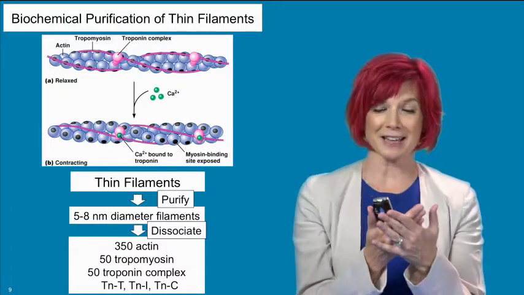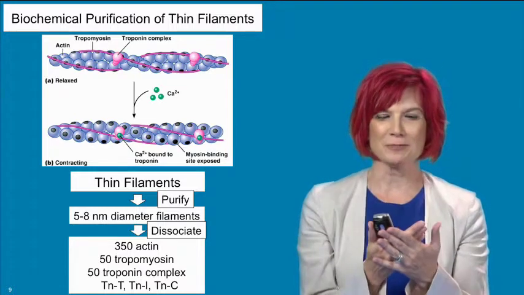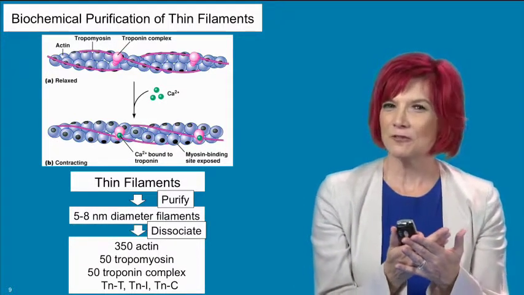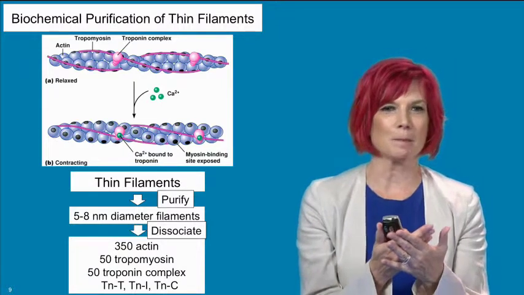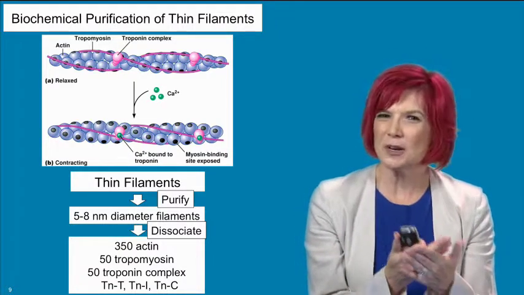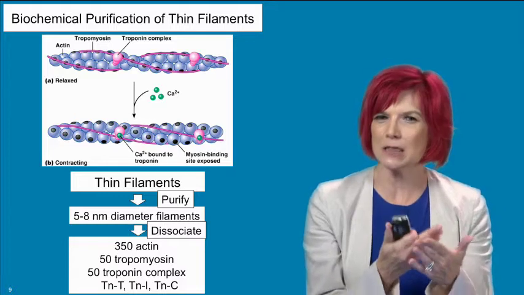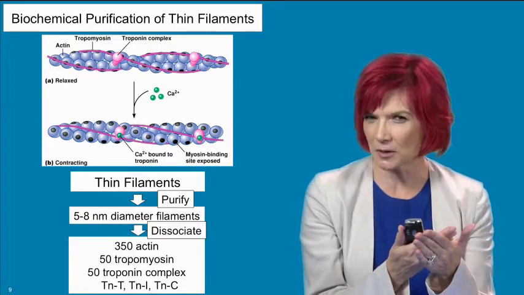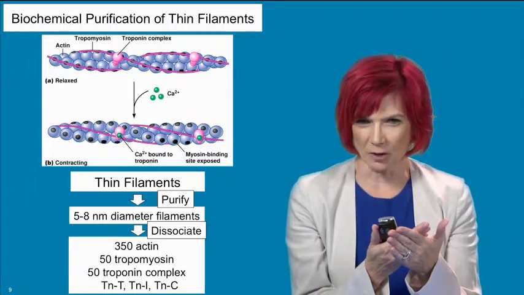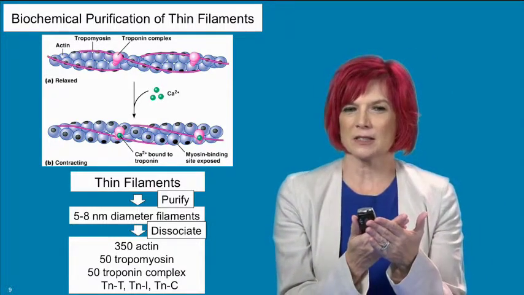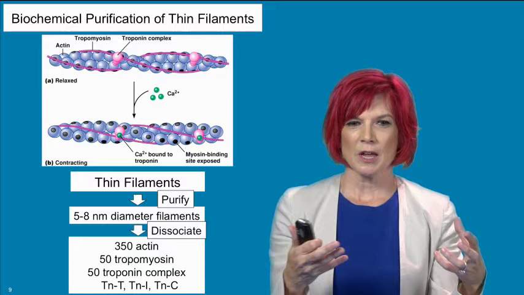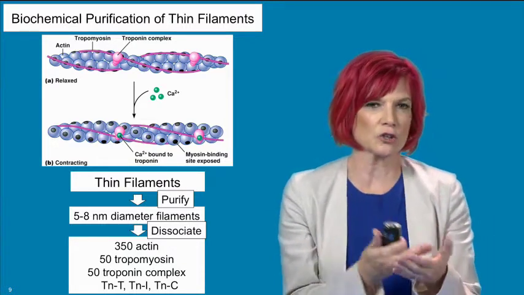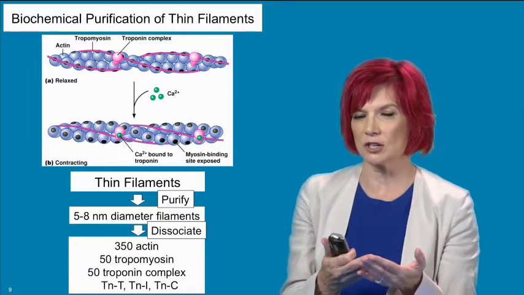Scientists have spent decades investigating the molecular mechanisms of skeletal muscle contraction, and it first started by asking the basic question, well, what is actually in the thin filament? What are the protein components that make up the thin filament? So biochemists took skeletal muscle and they purified the thin filaments by a series of centrifugations and dissociations.